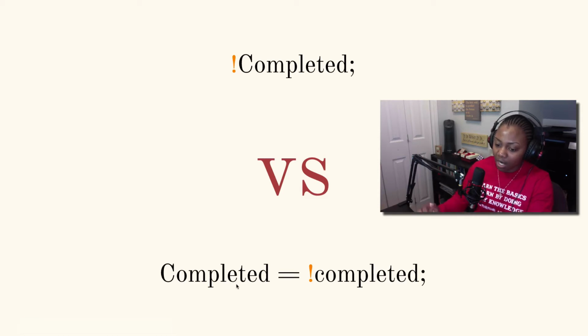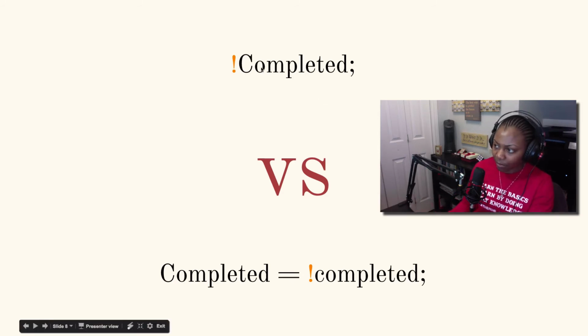So any other place following that code will see completed as false. But the top one, if you use that, you're just changing it for that moment. You're not changing completed permanently. So the value is not changed. You're just making whatever value completed is the opposite. And I hope that makes sense.